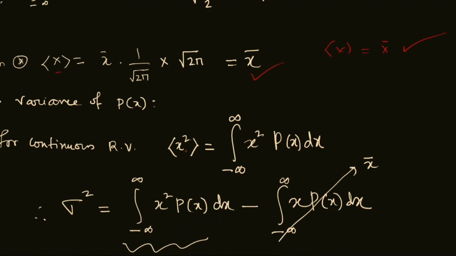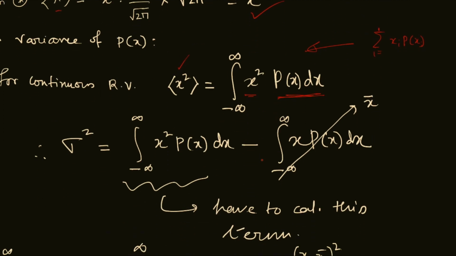How to calculate the variance of p(x) for the continuous random variable x: the x square average, in a similar fashion, is the integral of x square p(x) dx, as we have seen in the discrete case, where you sum it up, and here it becomes an integration. p(x) dx gives the probability, and x is the continuous random variable.